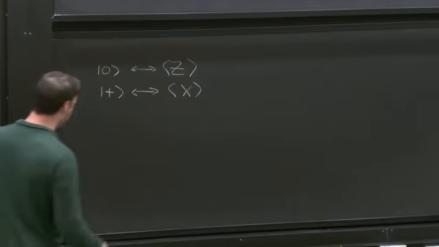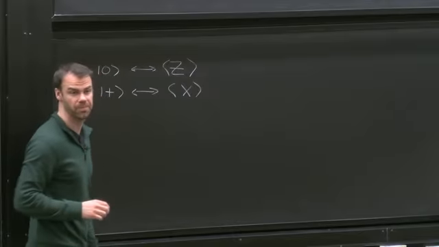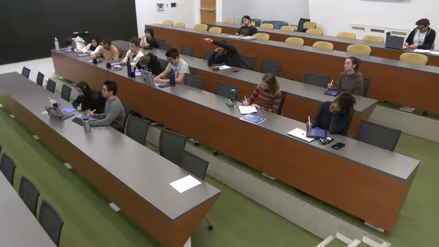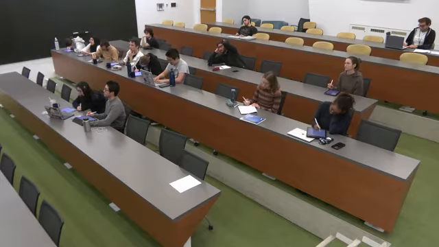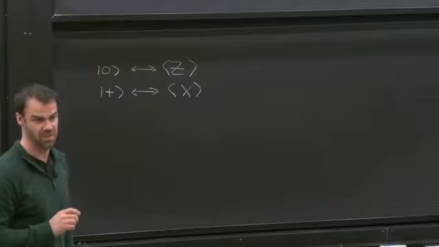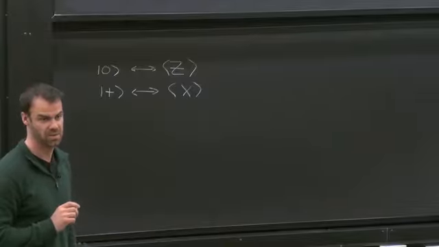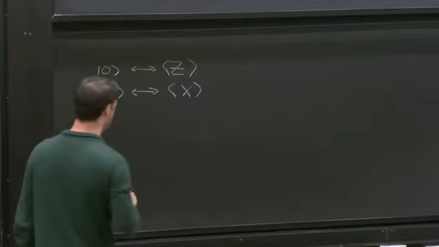Okay. Just a dumb question, but for the stabilizer, do we allow it to have an eigenvalue, or does it have to be exactly the same state? Has to be the same state. So for minus, it's not X, it's minus X. Yep, that's right.